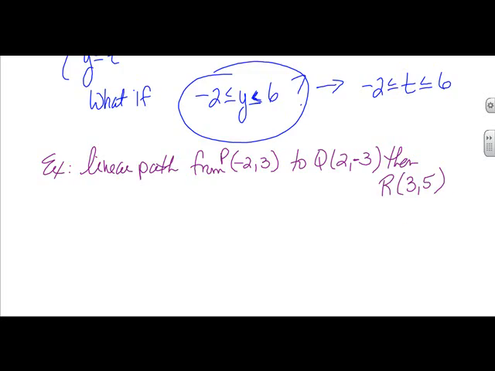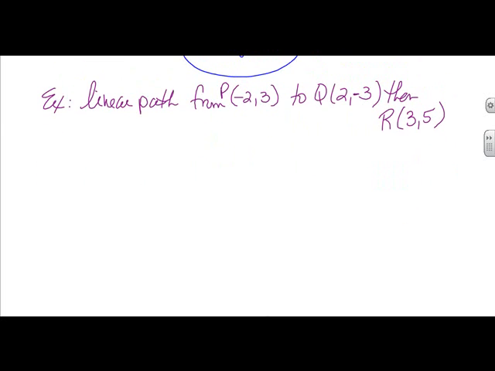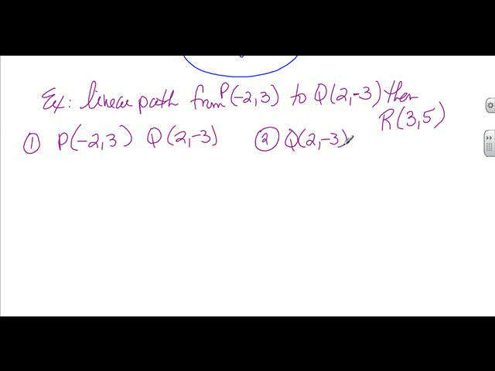Okay, now the way I would suggest thinking about this is the two sets of equations we've got to come up with. One set is going to give us a graph from P to Q. And then the second pair of equations is going to give us the graph from Q to R. So here's kind of how we're thinking about it.